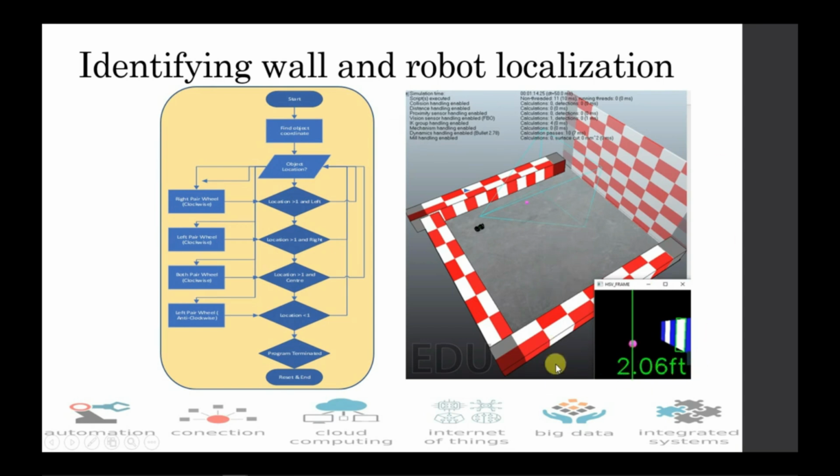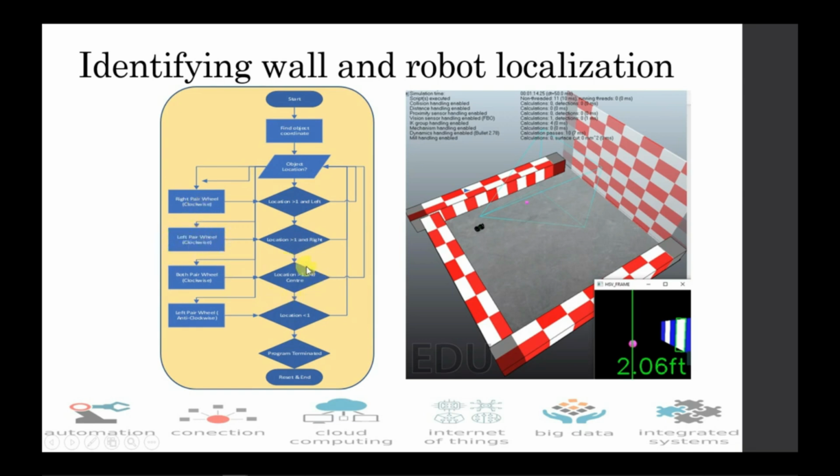The following algorithm happened. So the program initiated, then the object location has been analyzed. If the location is less than 1 and left, the right pair will get activated. If the location is less than 1 foot and right, then the left pair will get activated for the robot to correct itself and keep the target in center position.